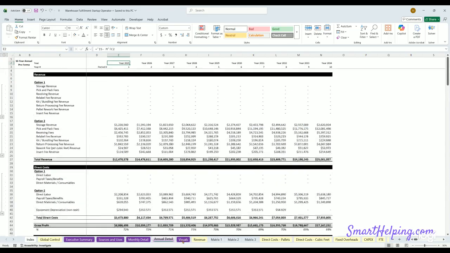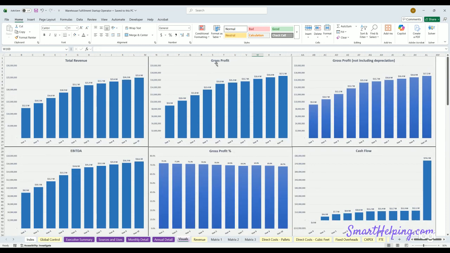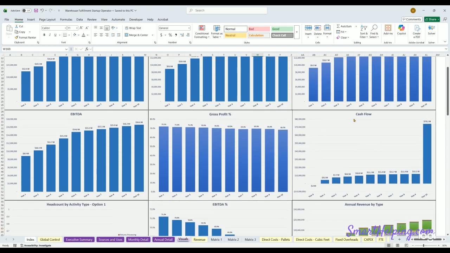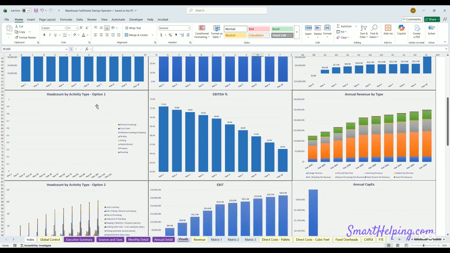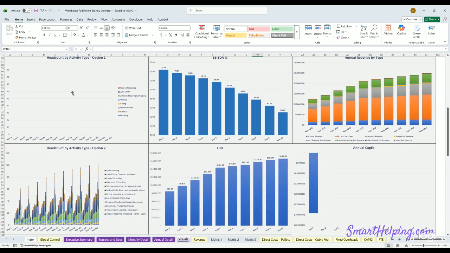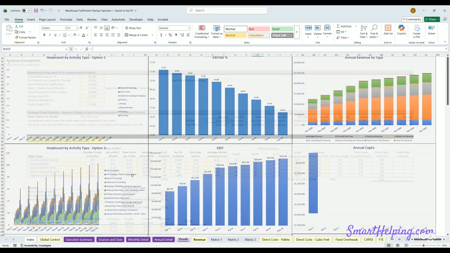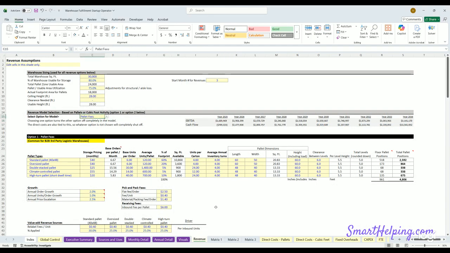Visuals, we have revenue, gross profit, and I did a little labeling that's cool up top here. Gross profit, not including depreciation, EBITDA, gross profit percentage, cash flow, headcount by activity, which will change depending on the option you pick. Let's put this back to option one.